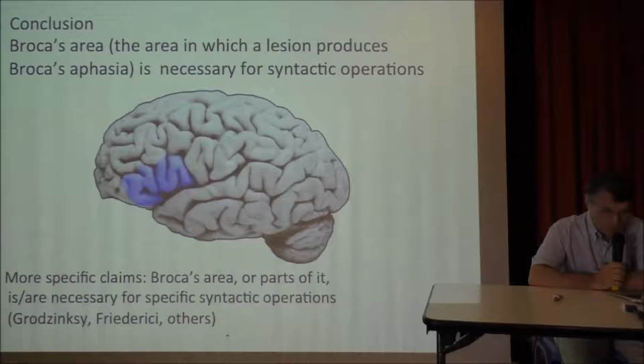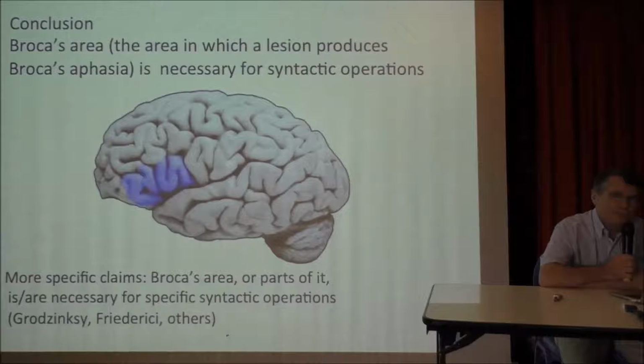Now, much more specific claims have been made about the deficits that are seen in patients with Broca's aphasia or agrammatism, or sometimes lesions in Broca's area or in related areas. And all of you, I expect, know at least some of them. So probably the most well-known one is Yosef Grodzinsky's view that the deficit in these patients is not general, but restricted to the ability to co-index the traces that are postulated in Chomsky's theories of syntax.